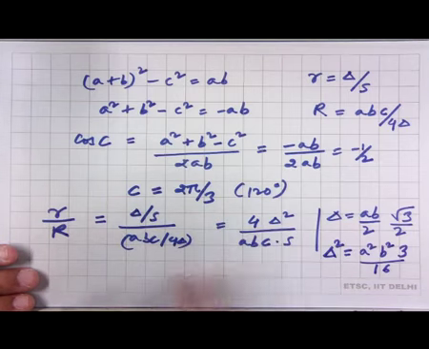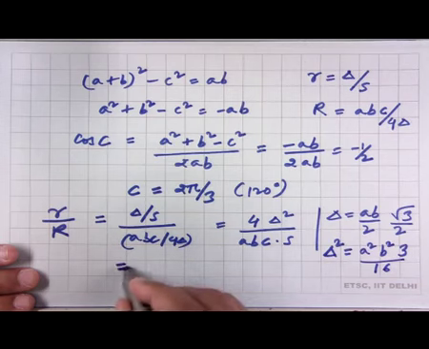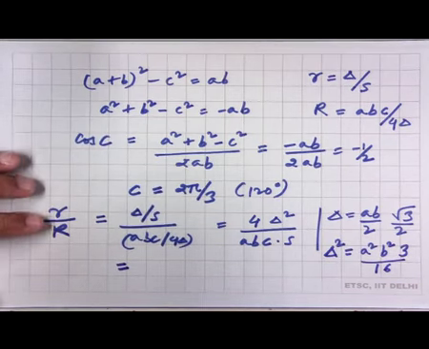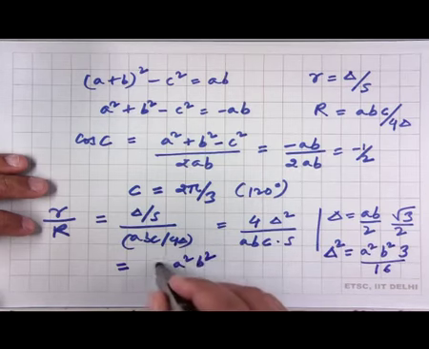And by putting this expression over here, we get that the ratio r by capital R is equal to A square B square 3.